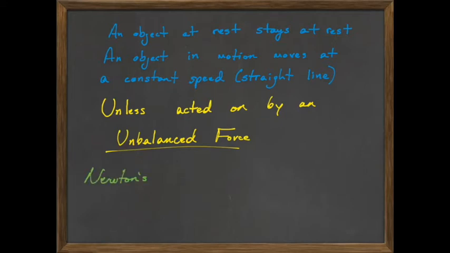Newton's second law says the net force on an object depends on the object's mass times its acceleration. A more direct way of looking at Newton's second law, which is not usually written in this form, is that the acceleration, or rather how the motion of the object changes, right?